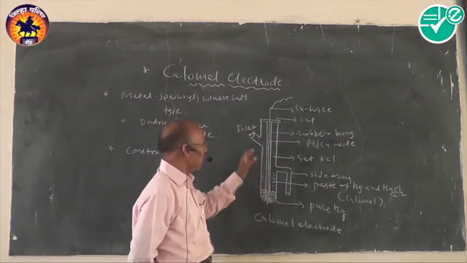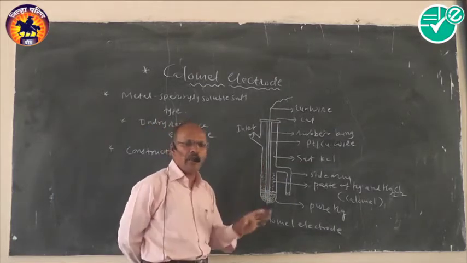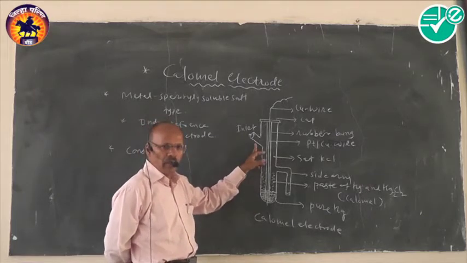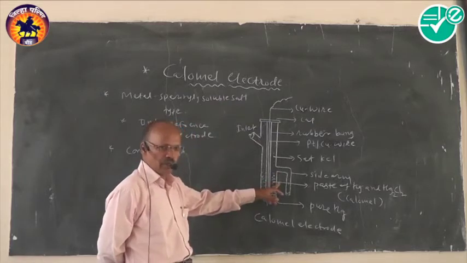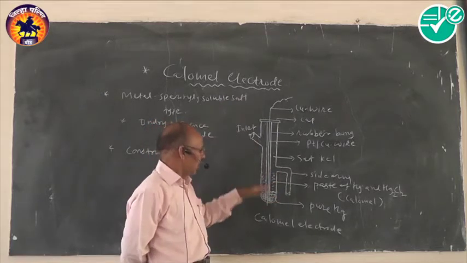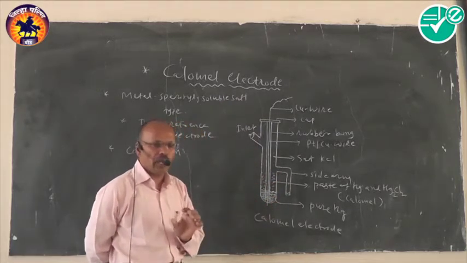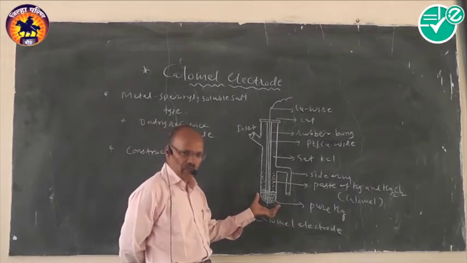In this case, it consists of a glass tube having an inlet at the top and a side arm slightly above the middle portion. That is the first point. After that, at the bottom of this glass tube, fresh mercury is placed.